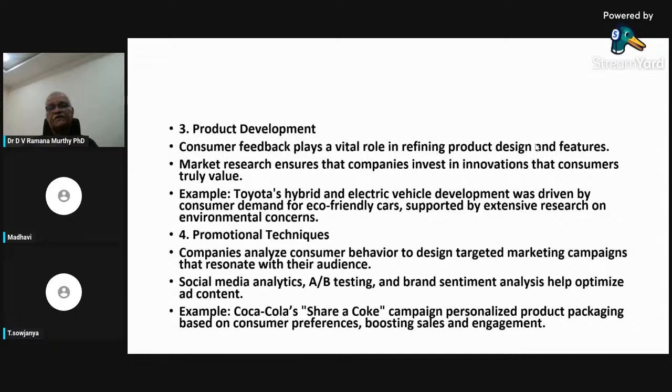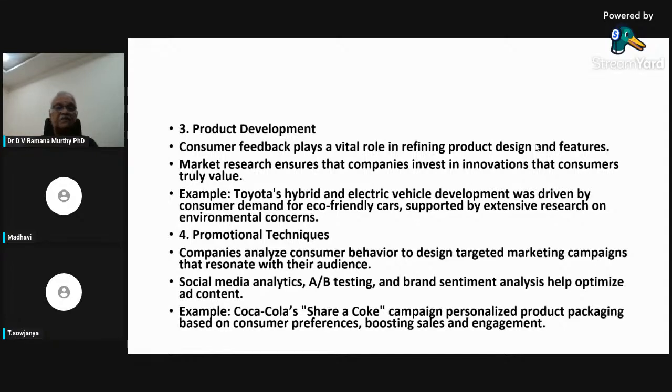Product development, you need to revise the product design and features on a dynamic footing, because market research ensures that the companies invest in product innovations, because customers will be wanting this, that, and all, and customers will be complaining about the products and their use. So based on that, you need to revise, reposition, and modify the product.